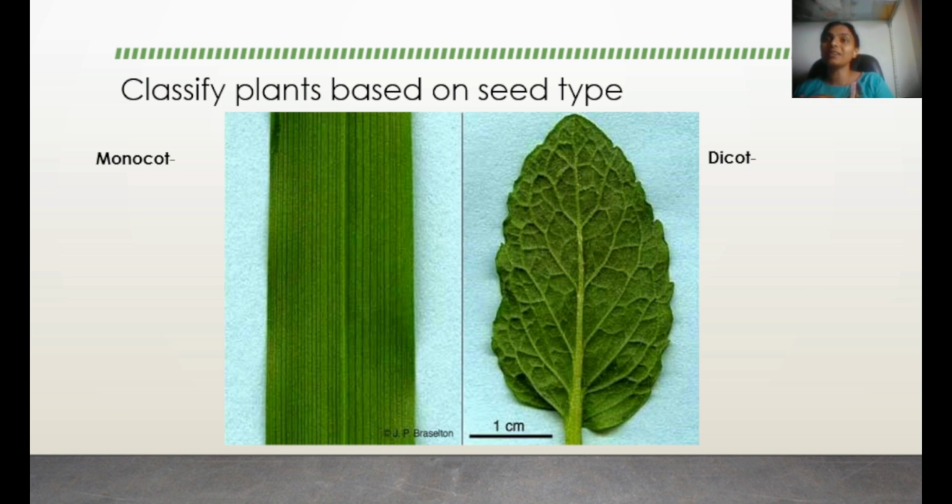Just by looking at the leaf, we can see. In the case of a monocot plant, the leaves will always have this kind of parallel venation, where the veins run in lines alongside each other.